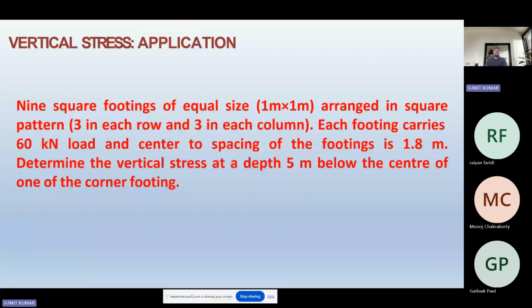the 9 square footings of equal size, 1 meter by 1 meter, are arranged in a square pattern, three in each row, three in each column. Each footing carries 60 kilonewton load, and the center to center spacing of the footing is 1.8 meter.